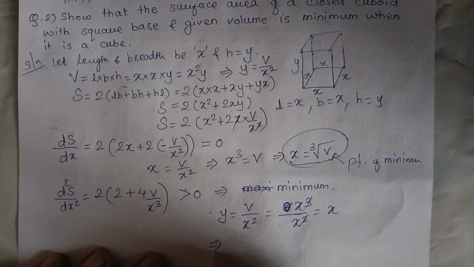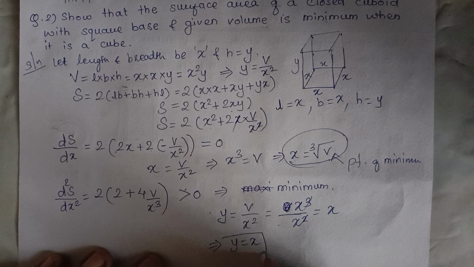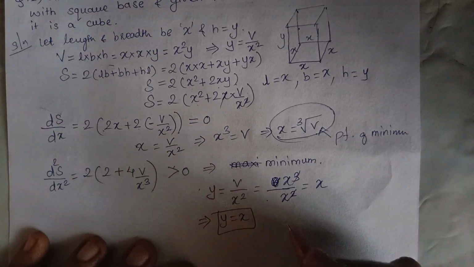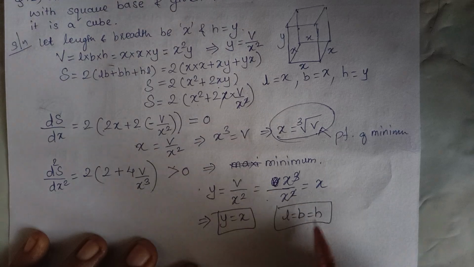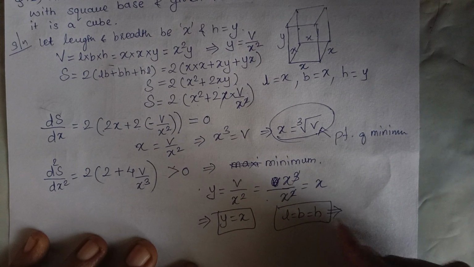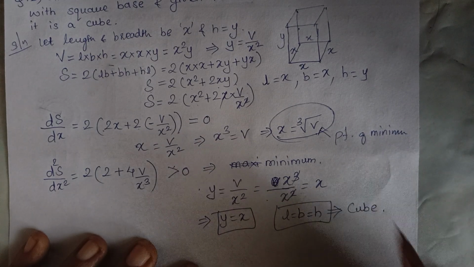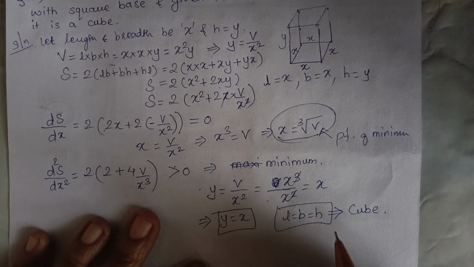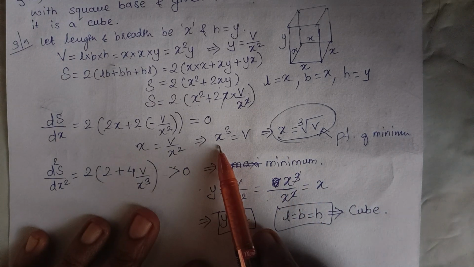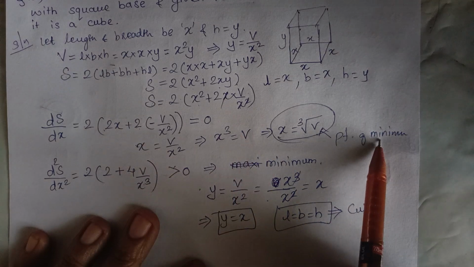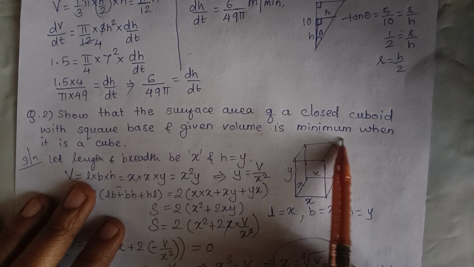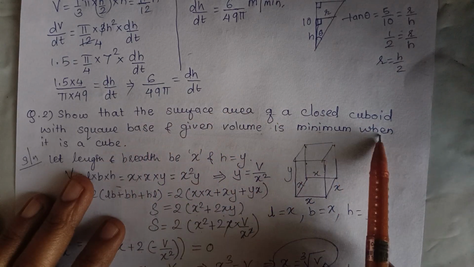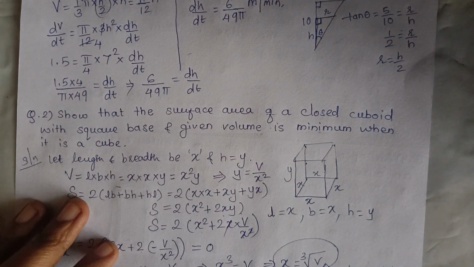So we are getting y is equal to x, right? So all length, breadth and height are equal. And when this happens, that time it is a cube. So this is what we wanted to prove: for a given volume, the surface area is minimum when it is a cube.